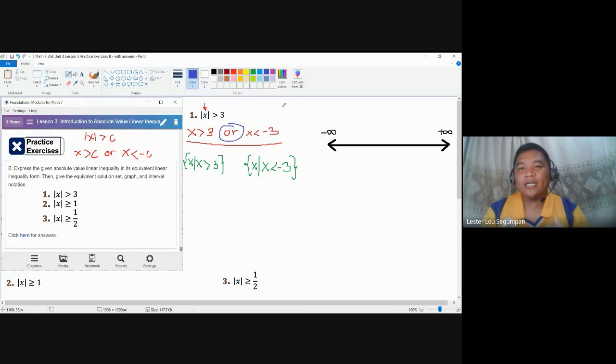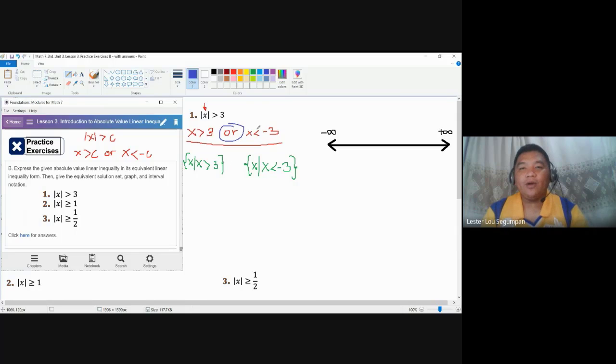One of these uses the conjunction or as its signal. If you can still remember, or is the signal for the union of sets, because union simply means combining. So since we are to combine these, we will definitely use the union of sets.